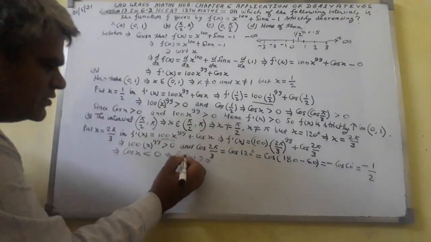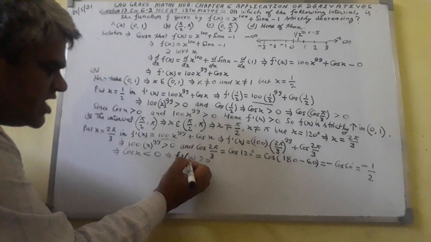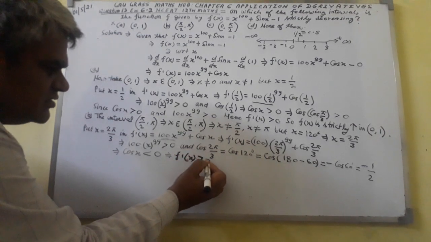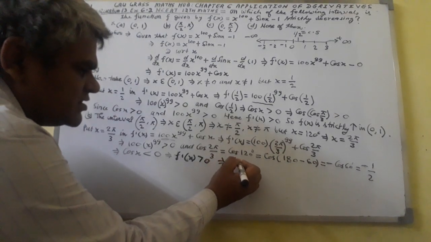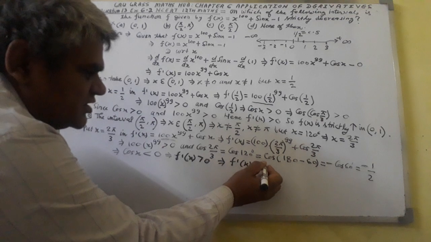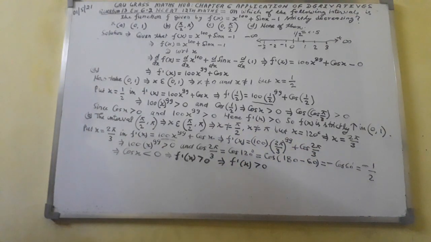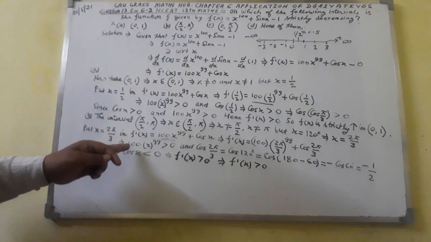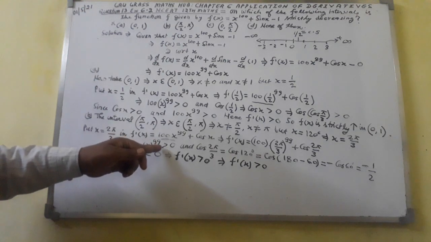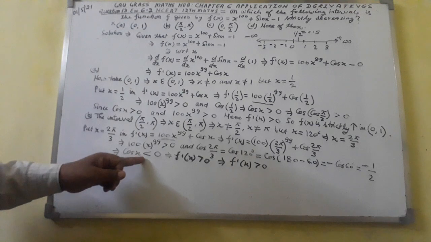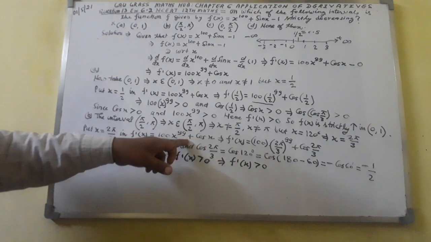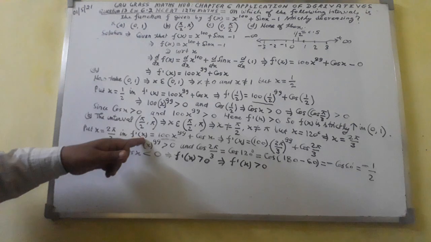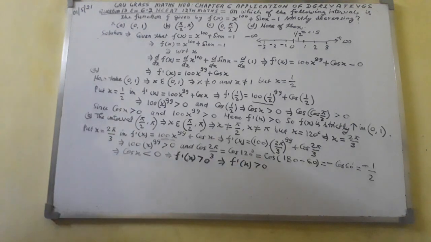Here we have got f dash x greater than 0, implies that f dash of x greater than 0. So what thing we have got? Here 100 x raised to the power 99 is greater than 0 and cos x is less than 0. If you add both terms, addition sign is available. In this case, f dash of x will be greater than 0.